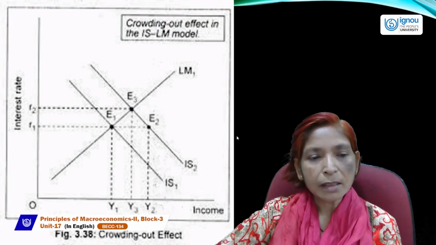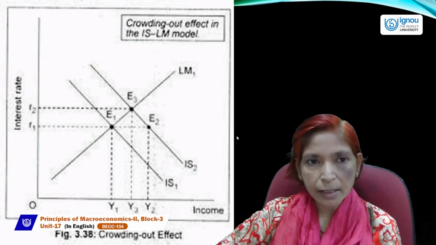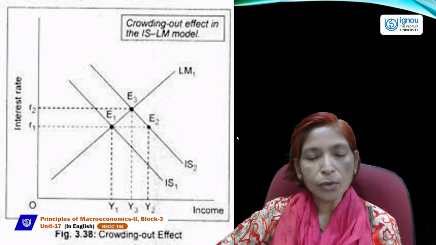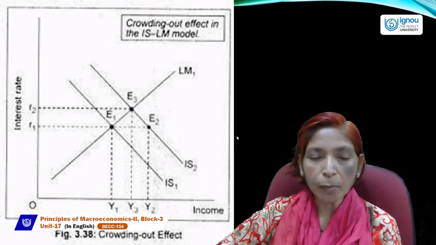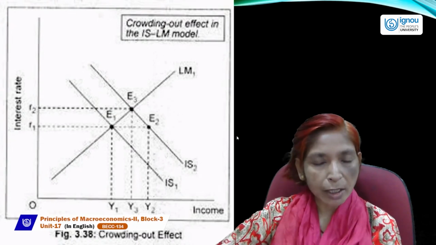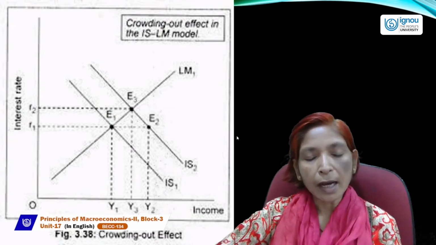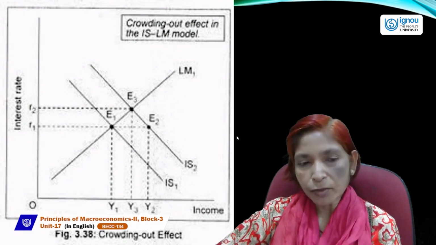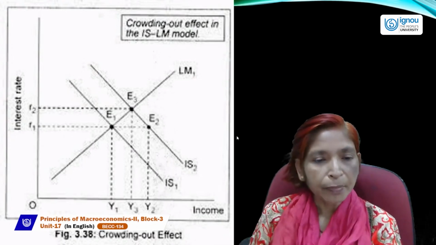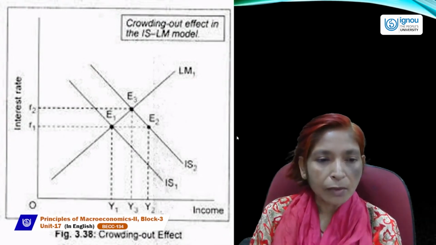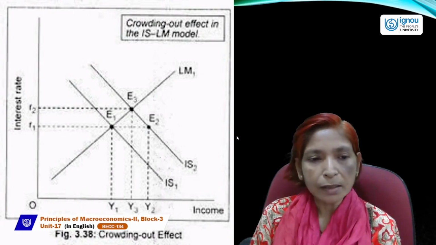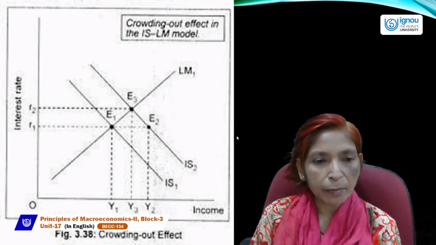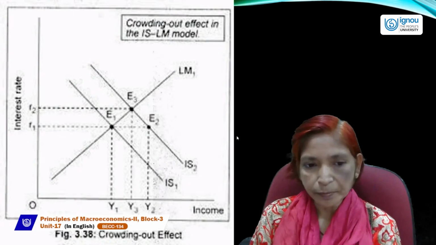When the IS curve shifts to the right hand side due to change in fiscal policy, or if government is following expansionary fiscal policy, this IS curve will shift rightward. When the IS2 curve intersects LM1, the new equilibrium point will be E3.